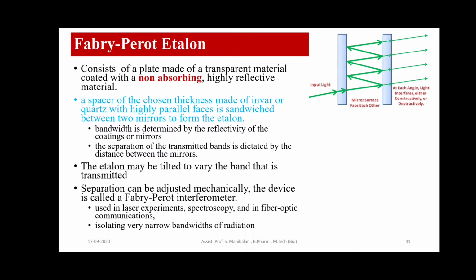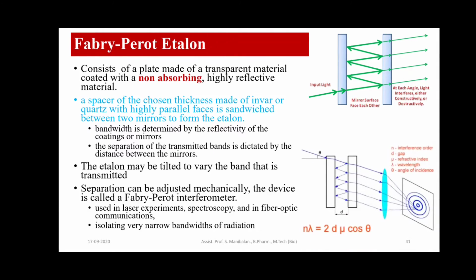That reflection goes and hits mirror 1 again. This way the light waves get reflected and transmitted, so we can get the exact wavelength when we adjust the focal plane. This is the exact mechanism of the Fabry-Perot etalon.